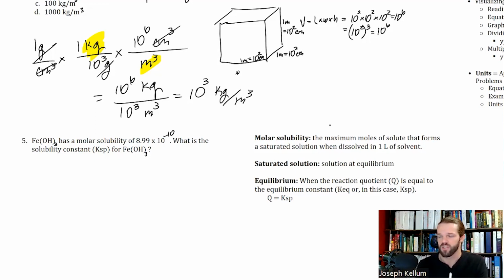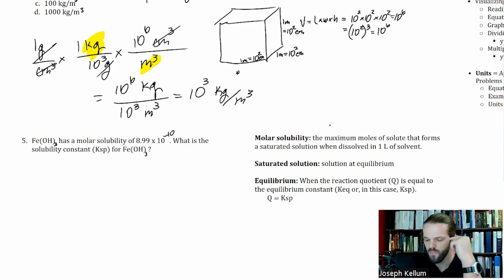Another way to think about a saturated solution is that it's a solution whose solubility reaction has reached equilibrium, meaning the low point on that Gibbs free energy graph. I think we talked about that a little bit 2 weeks ago when I was talking about acids and bases. We will at some point circle back to talk about solubility in and of itself, but I just want to briefly mention it here to give you context.